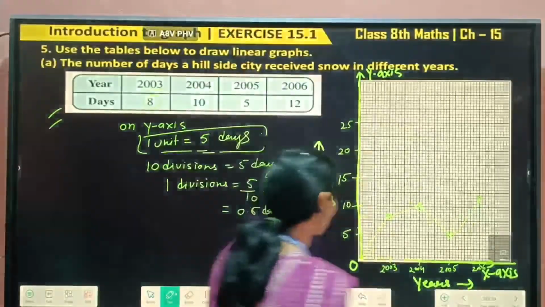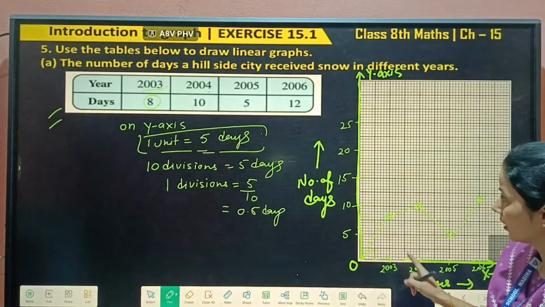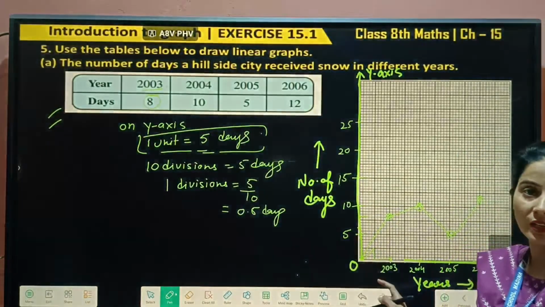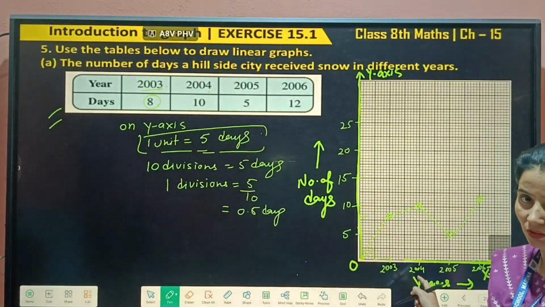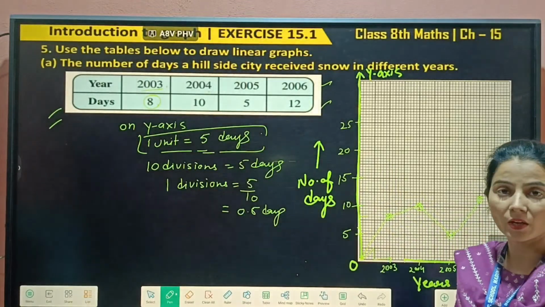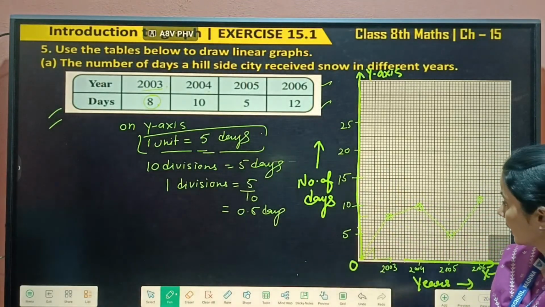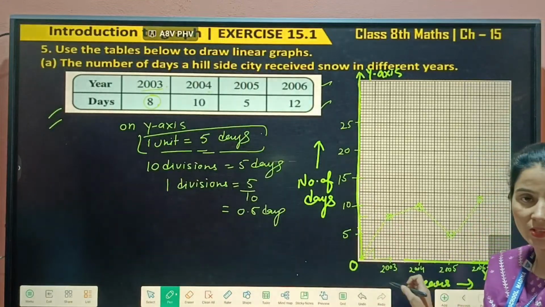Hope you understood. First of all, we need to clarify on which axis we will take the dependent variable. Always we take the dependent variable on the y-axis and the independent variable on the x-axis. So you will find out which quantity is depending on which one. Second thing, you will choose a suitable scale on the x-axis and y-axis.